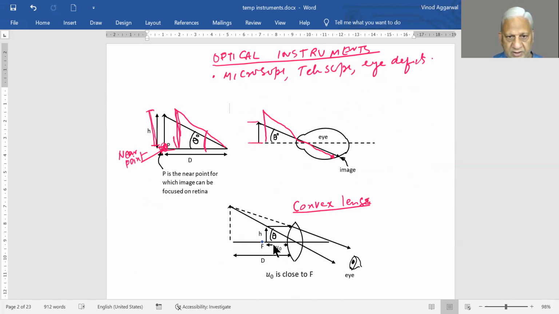Our object still remains the same, of height h. And we keep it very close to the focal point of this convex lens. This is our u0.